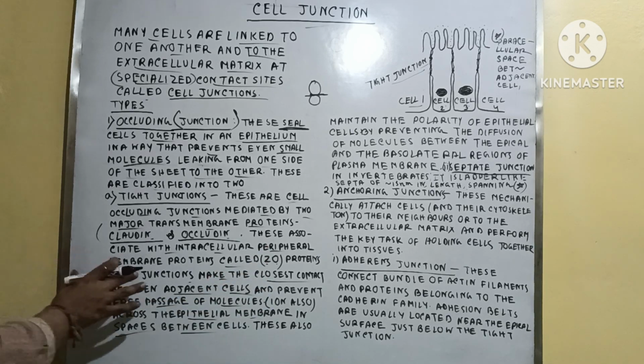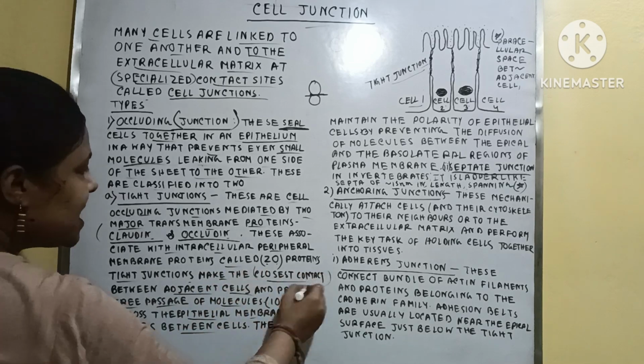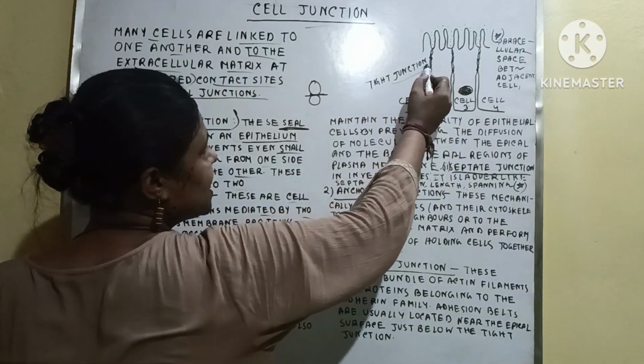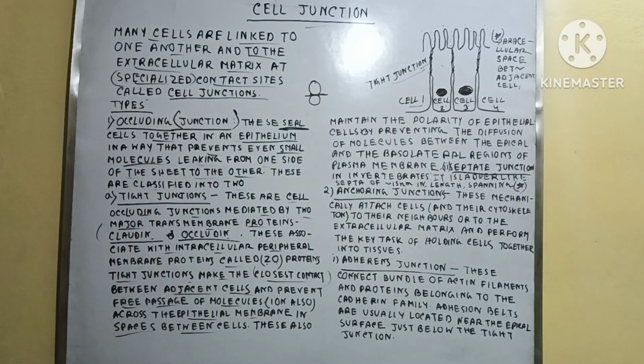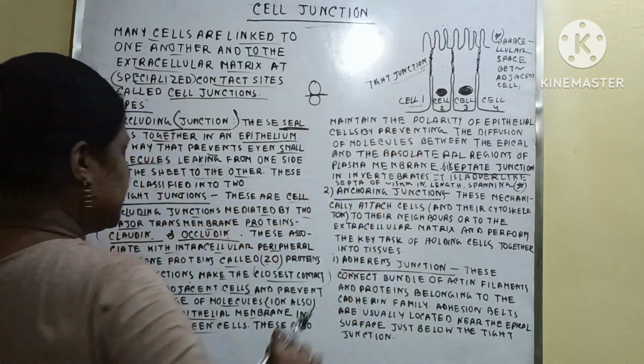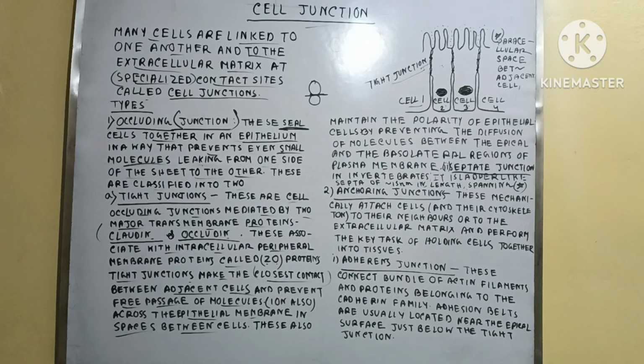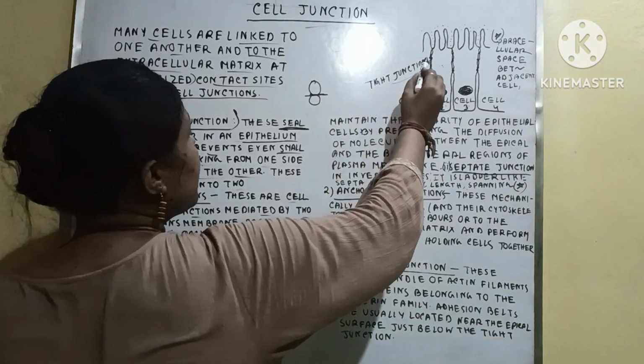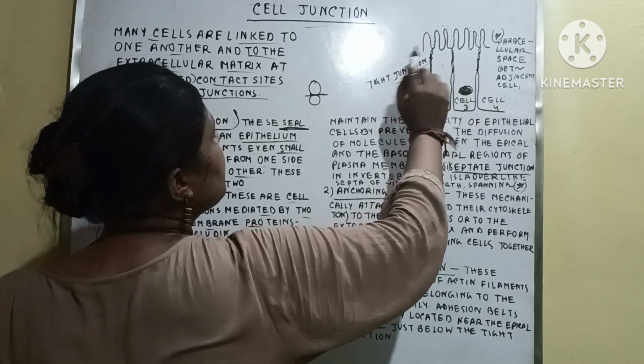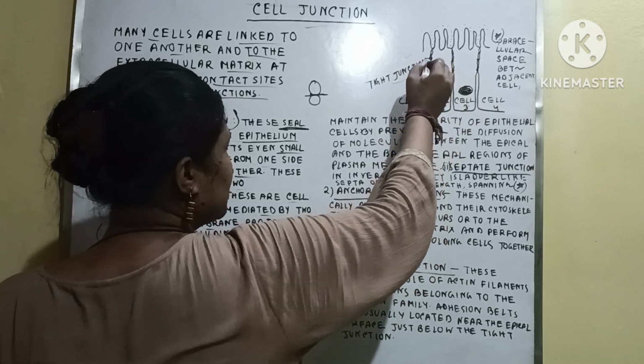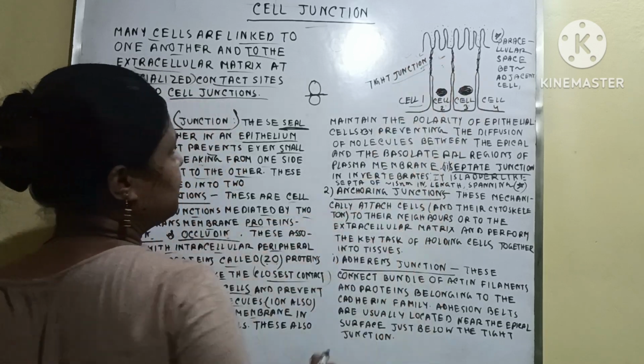These junctions make the closest contact between the two cells, which you can see here, and this is the free passage of molecules. That means any molecule can pass from this region, from here to there.